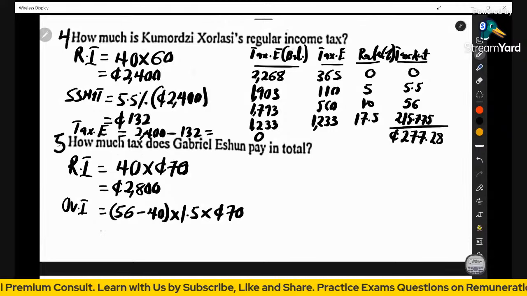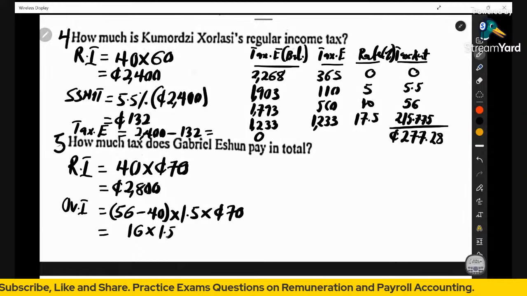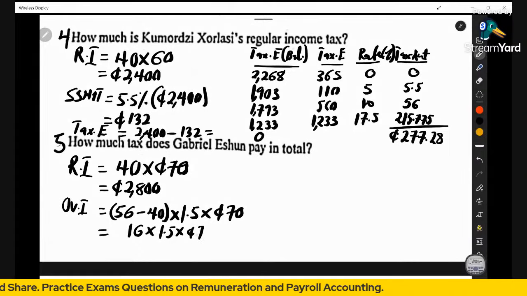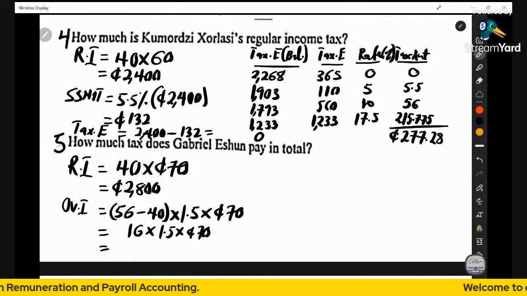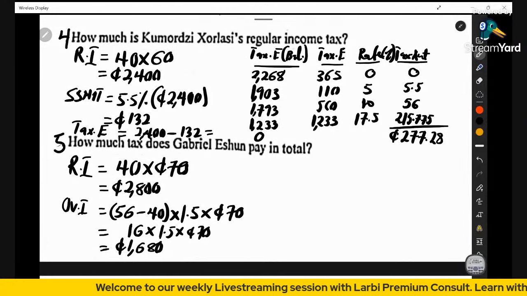So here you should get 16 multiplied by 1.5 multiplied by 70. What are we getting as overtime income? I had overtime income of 1,680. Once we get that, that's fine.